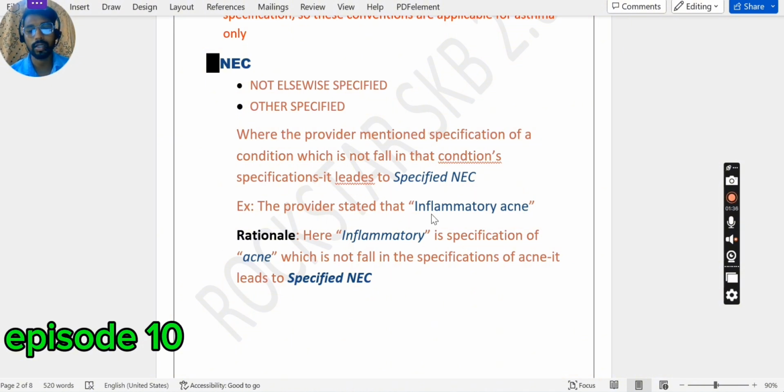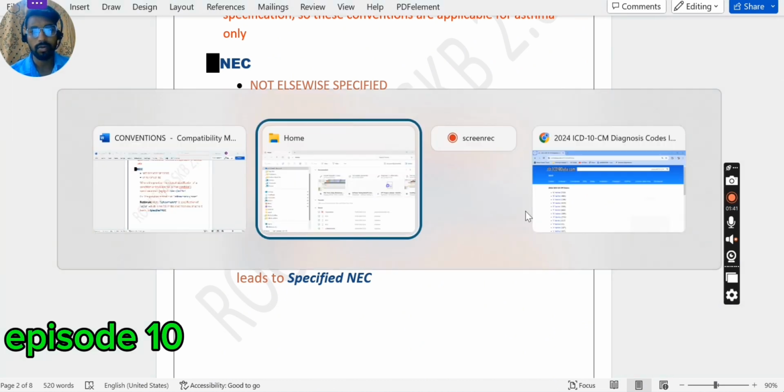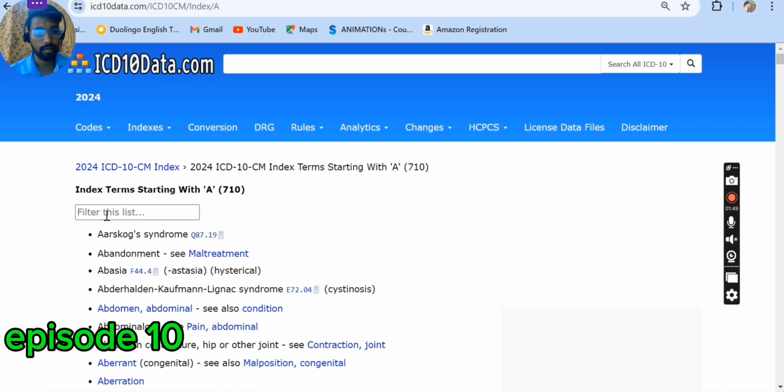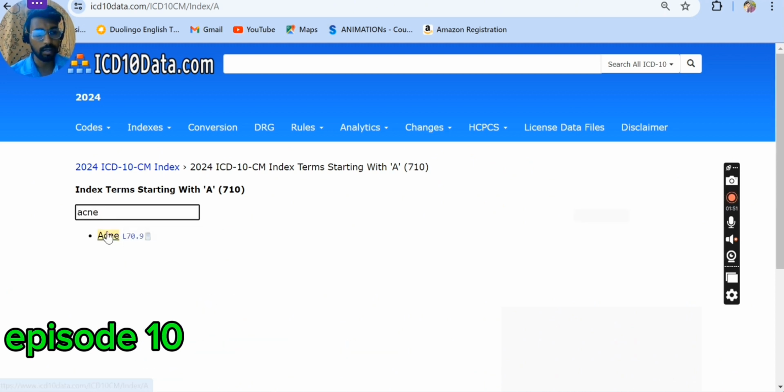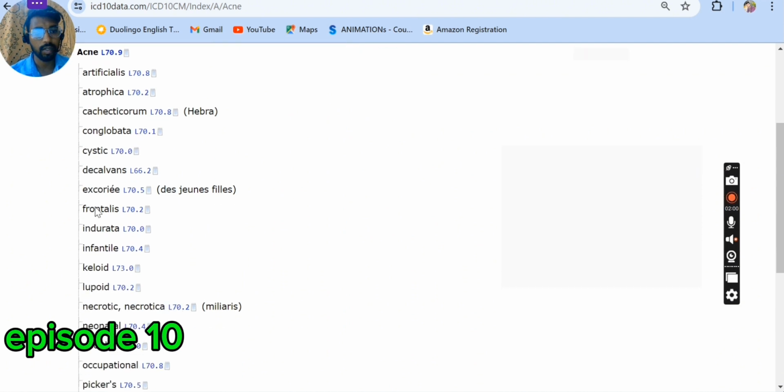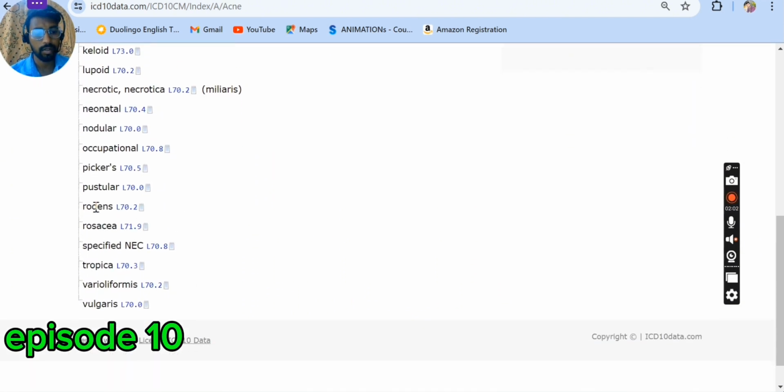For example, the provider stated inflammatory acne. Under acne, we don't have the inflammatory specification. So here we have to go by the specified NEC.